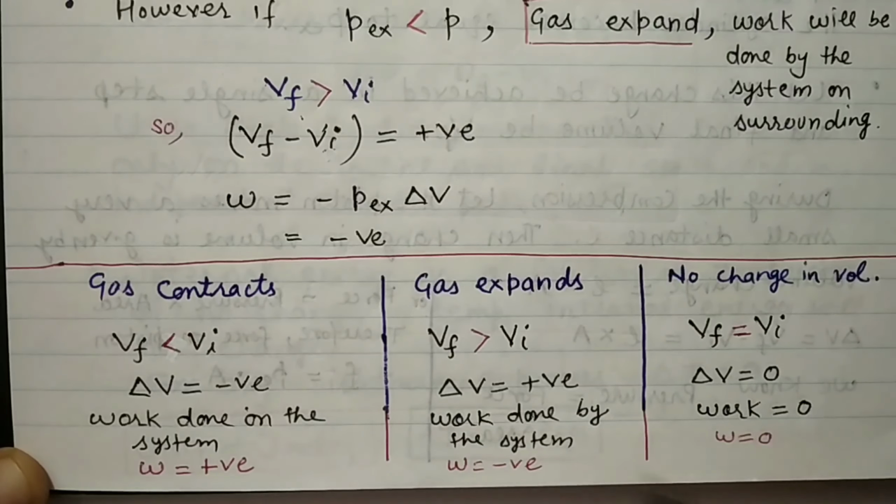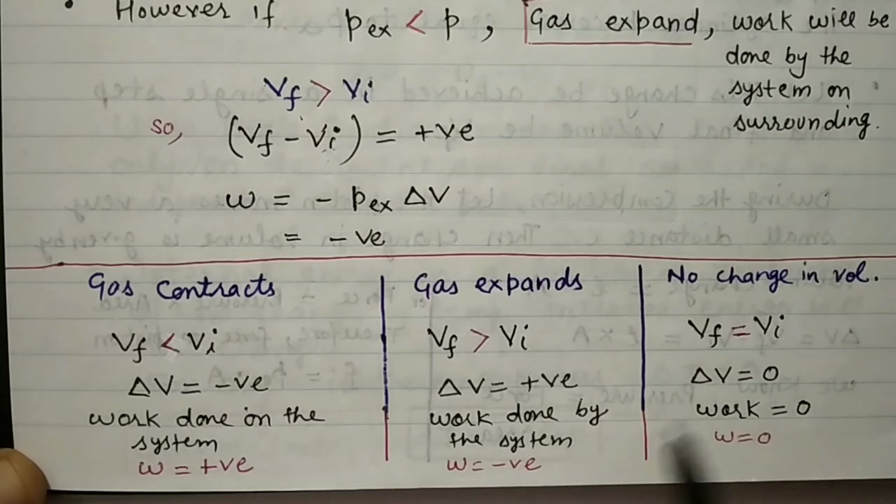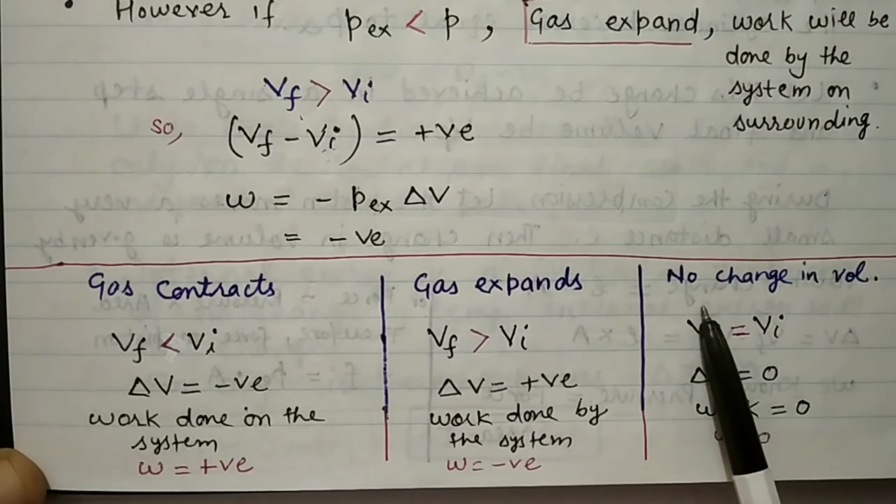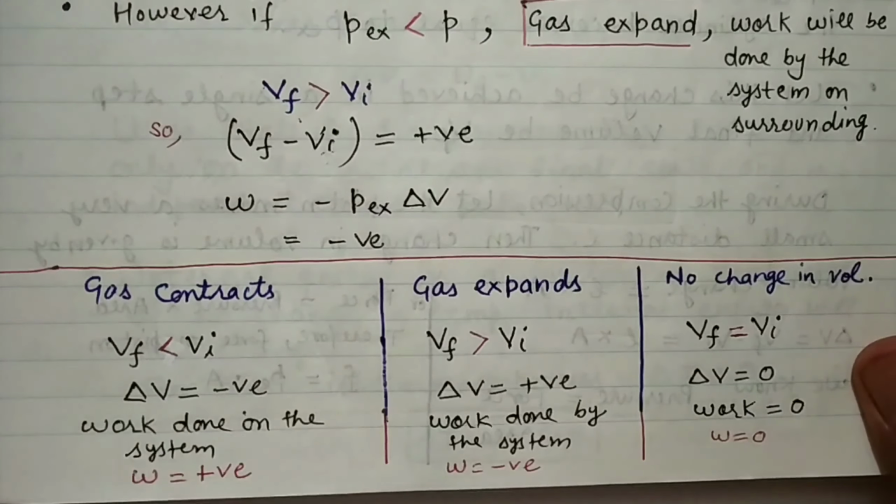So for work done on the system, the value of W will be positive. For work done by the system, when the gas expands, the value of W will be negative, and if there is no expansion or contraction, then the work done will be zero.